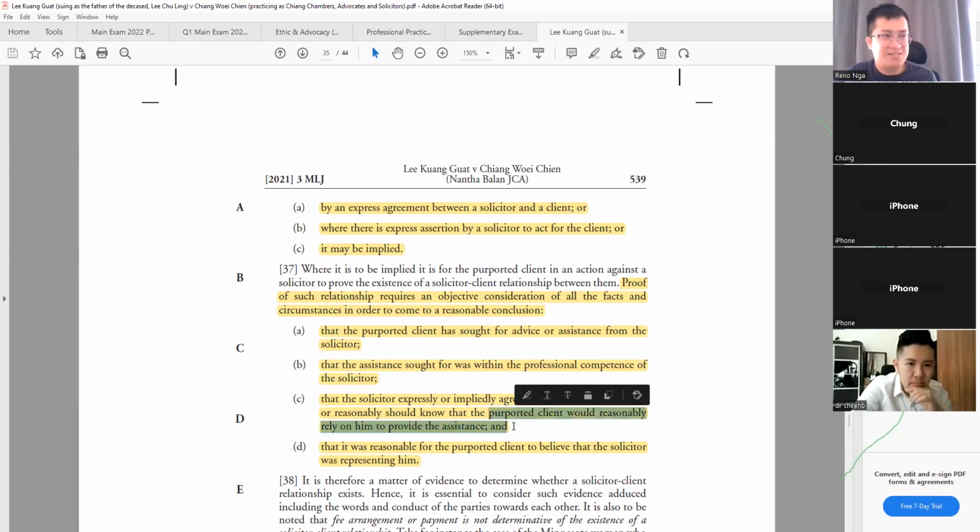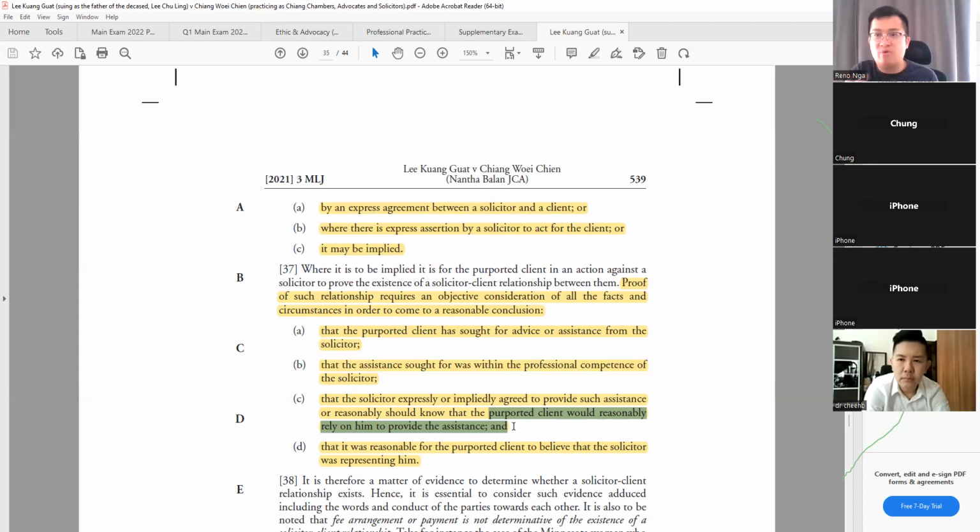So let's say Dr. Chi asks me, hey Reno, I have a clinic, and the employment law recently changed, so he asks me for my professional information or opinion. Then I also say I will help him to draft a new employment contract. In my capacity, I also know he will rely on my draft employment contract.